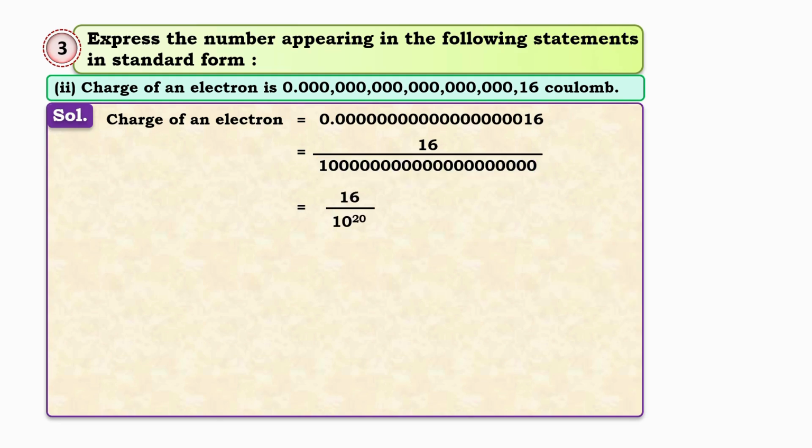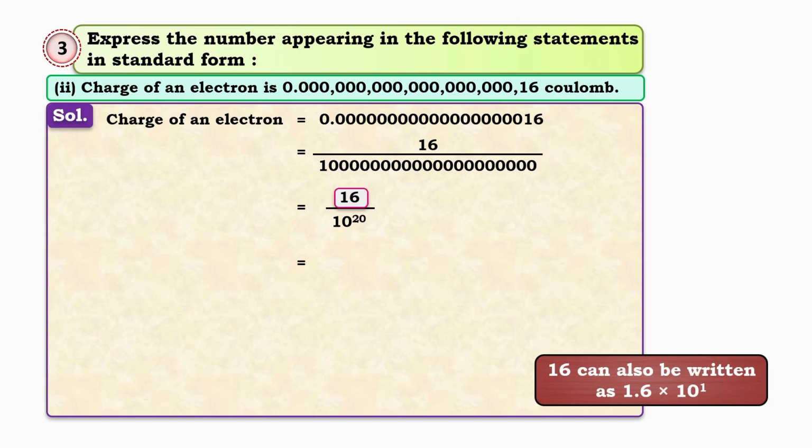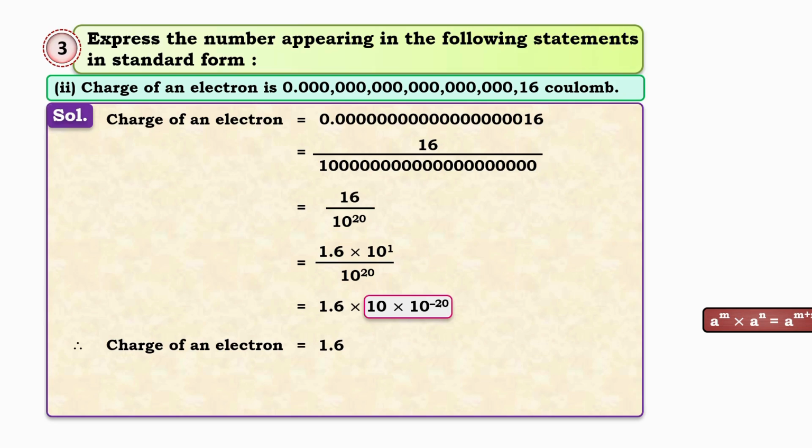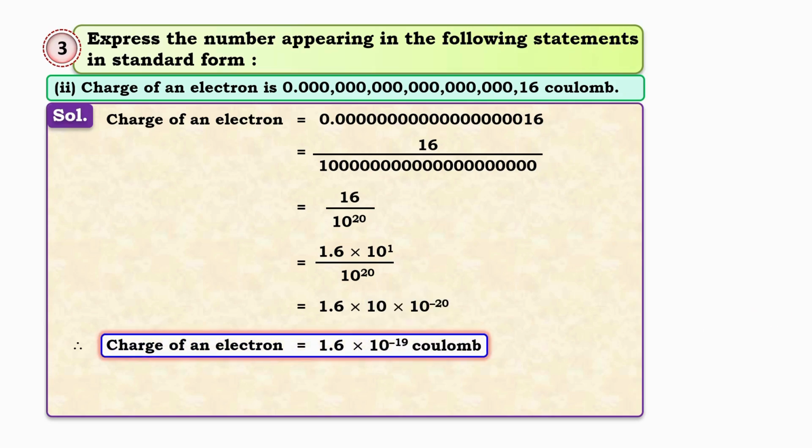So it will be 10 to the power 20. Now 16 in the standard form will be 1.6 into 10 to the power 1. So now apply the law. So the charge of an electron will be 1.6 into 10 to the power minus 19 coulomb. So this is the final answer.